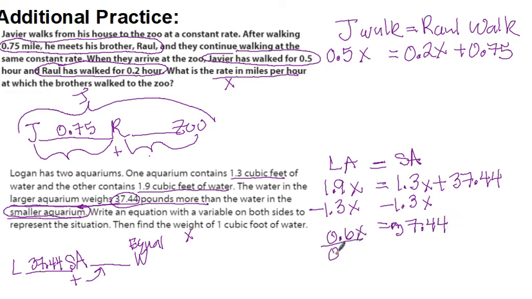So I'm going to divide by 6/10. This is where that calculator really comes in handy. I'm going to go 37.44 divided by 6/10. And we're going to get 62.4. And there we go. So 1 cubic foot weighs 62.4 pounds.